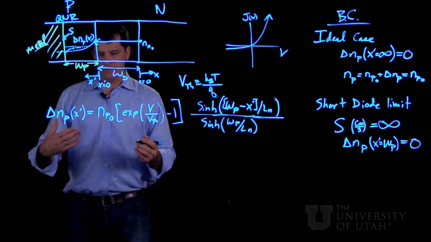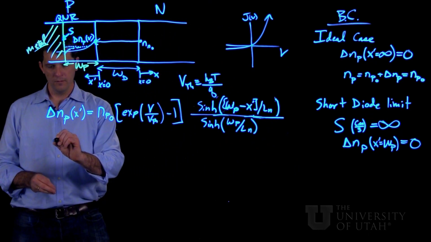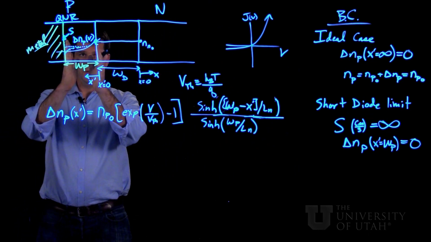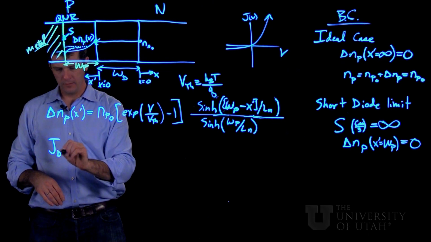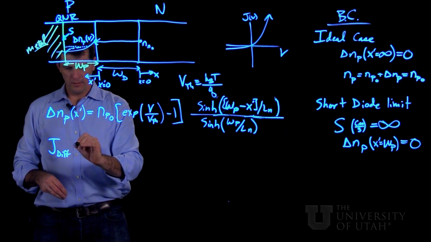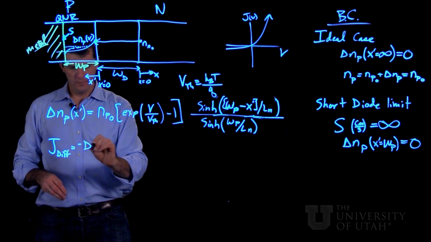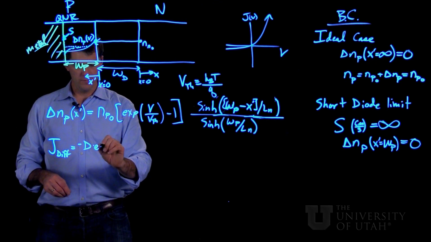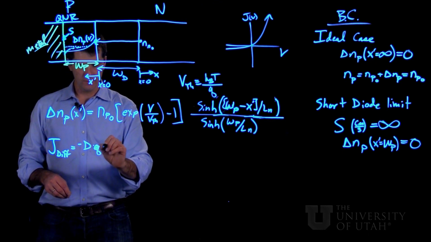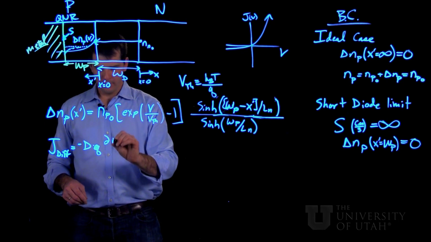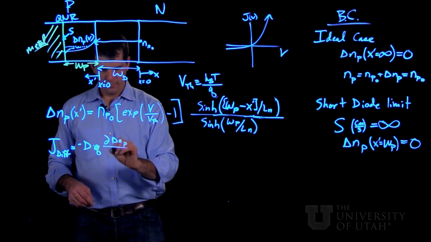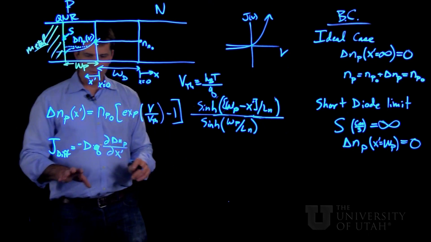Now, in order to get the currents, of course, remember we're in the region with no electric field, so we would calculate the diffusion current over here, and that's going to be equal to negative D times the charge of the electron q times d delta n p dx prime.